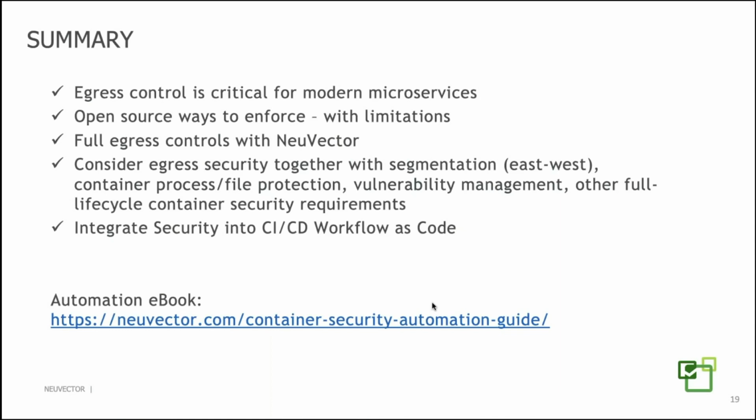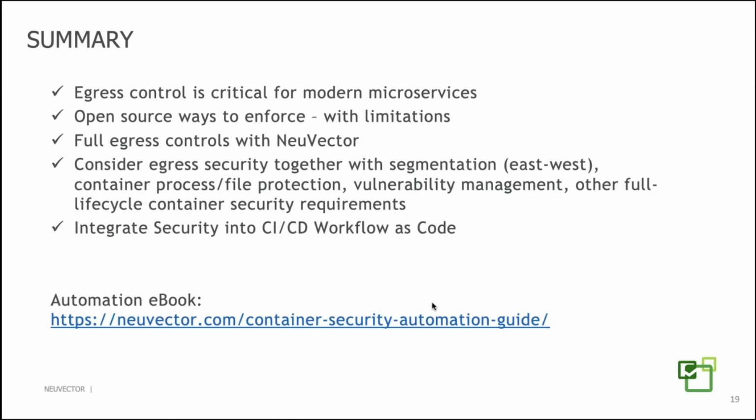Not just that, though, but also together with east-west traffic segmentation, container process and file protections, vulnerability management, so full lifecycle. And automation is possible, so you can integrate all of that into your CI/CD workflow. So there is an automation ebook in the handouts which you can download or come to our website and get, which details how to automate all of container security into your pipeline.